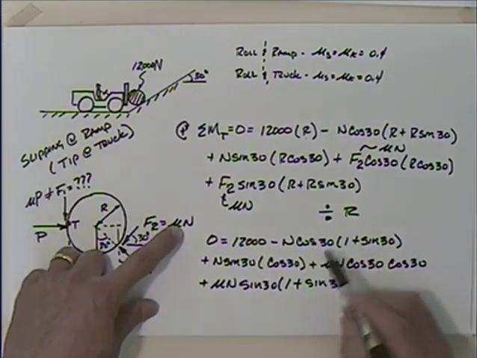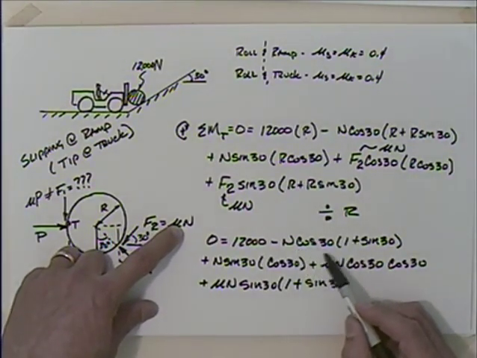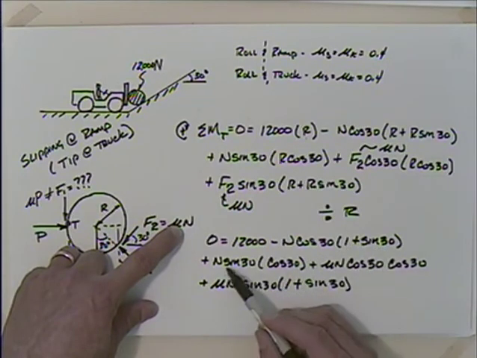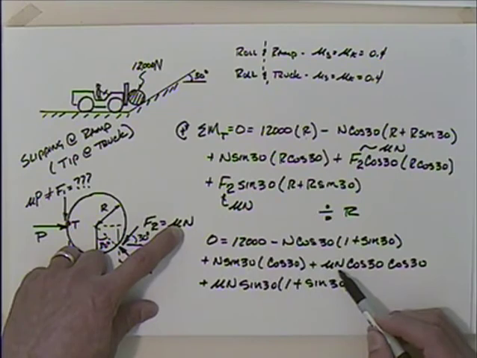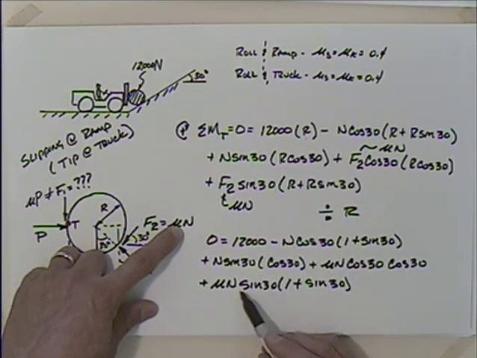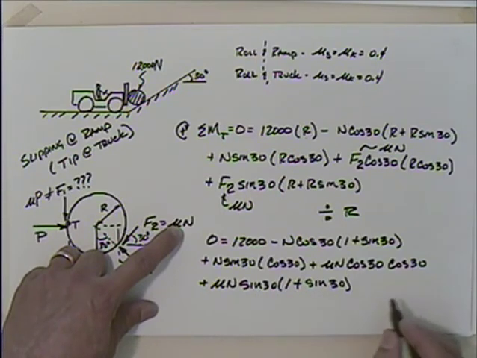Let me double check that. Cosine 30, 1 plus sine 30. Yeah, I think we're good.